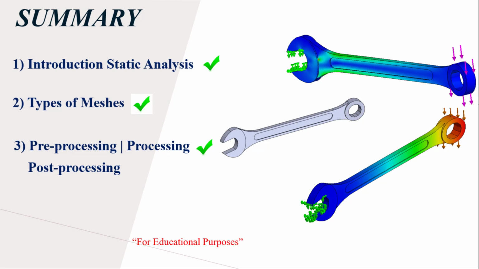As well as we have seen the different probing options and the section views. So all these tools will help us to get the results in a better manner. Using stress plots, displacement plots, and even factor of safety, all these plots will help us to validate our results with respect to the practical approach.